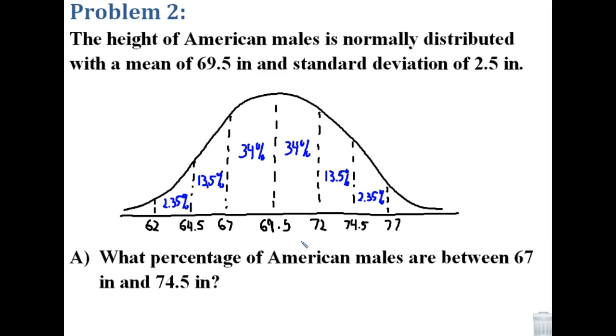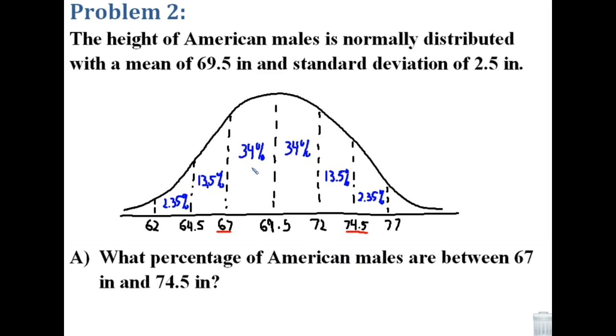Once we have that all mapped out, we'll be able to answer some different questions about the average heights of males. Looking at question A, it says what percentage of American males are between 67 inches and 74.5 inches? We want to know what percentage of the male population falls between 67 inches, which is 1 standard deviation below, and 74.5, which is 2 standard deviations above the mean.